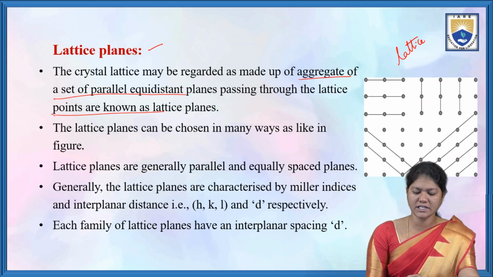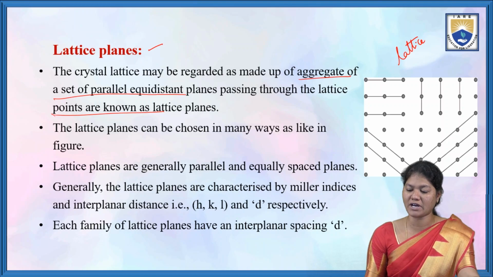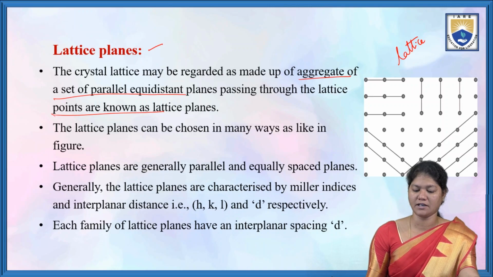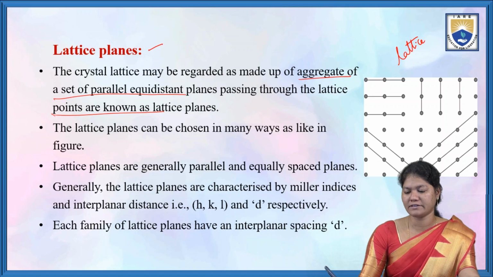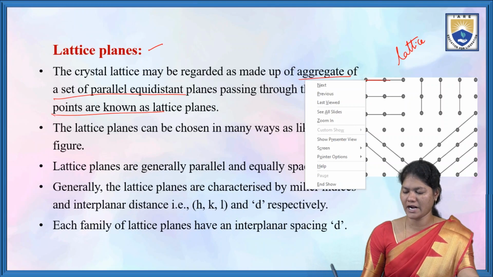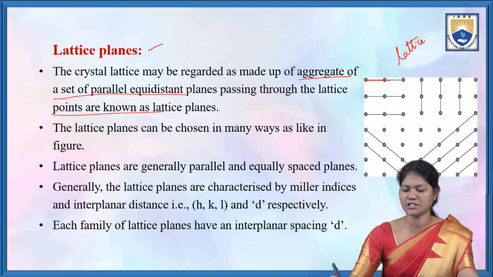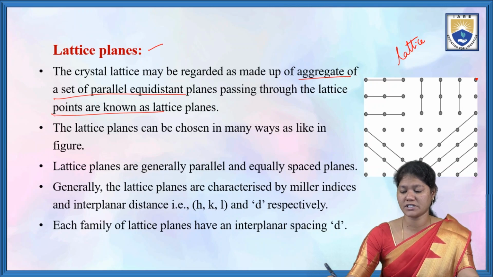So crystal planes may be regarded as made up of an aggregate of a set of parallel equidistant planes passing through the lattice points. In this lattice, each point represents a lattice point.